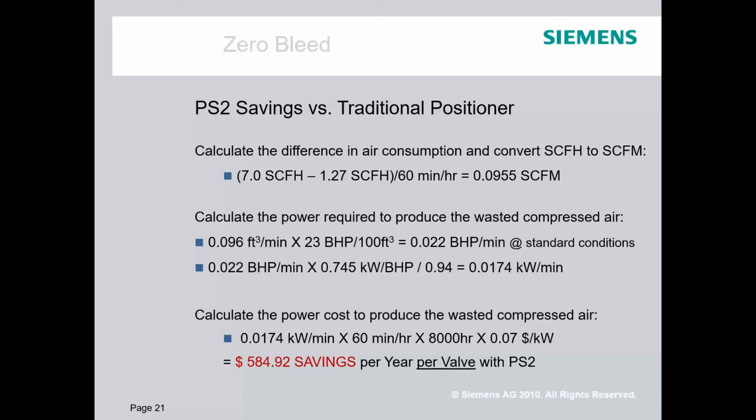We never could come up with a number. Neither could they. Is it a screw compressor? Is it a reciprocating? How old is it? How big is it? We never could come up with an extra number. So if you look at that number at the bottom, $584.92, that's what it costs you not to have a PS100 or a PS2 in just air savings.